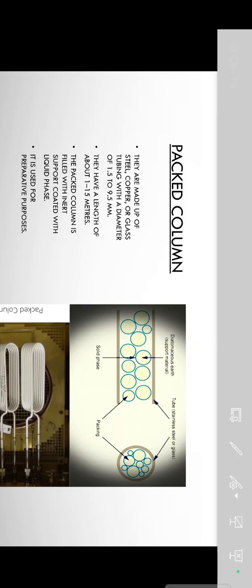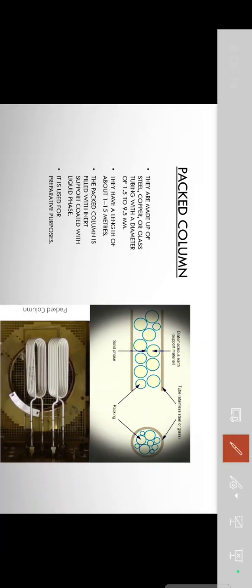The first is the packed column. They are made up of steel, copper, or glass tubing with a diameter of 1.5 to 9.5 millimeter. They have a length of about 1 to 15 meters.